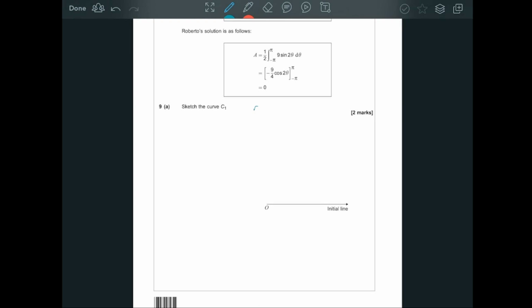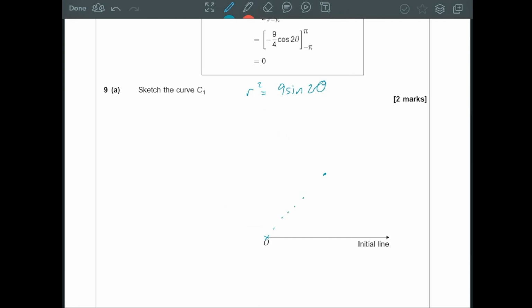So we're trying to sketch r squared is 3 sine 2 theta. So picking some values, if we choose theta to be 0, then r is 0. When we pick theta to be pi by 4, that's going to be sine of pi by 2, that's going to be out at 9. So I'm going to put a dot up here. When theta is pi by 2, sine of pi is 0 again.